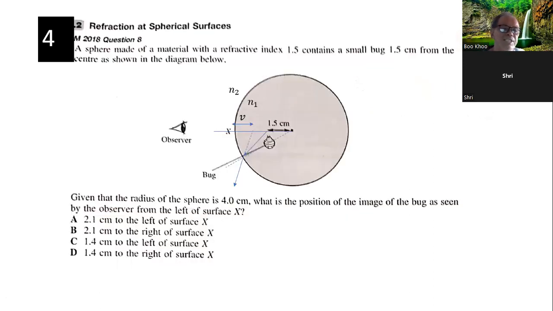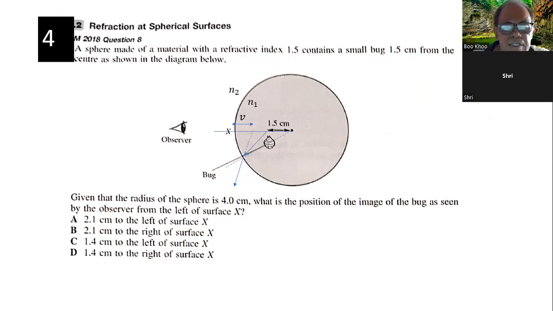This one a bit challenging lah. This one I don't know lah. A sphere is made of material with refractive index 1.5. Contains a small bulb. That's a small bulb there, 1.5 cm from the center. That's the center there. As shown in the diagram below.